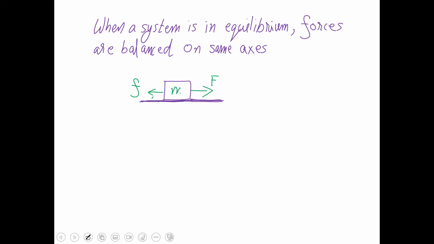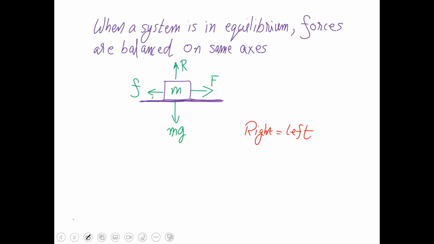Suppose this is the mass, then this will be mg and there will be an upward force R. So when a system is in equilibrium, remember the logic which we applied: right is equal to left.